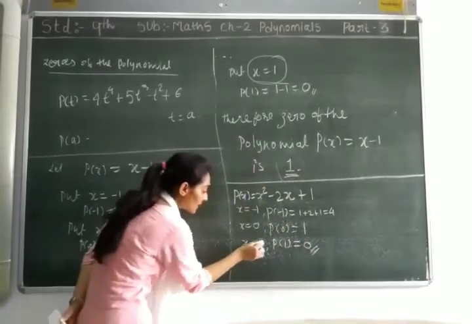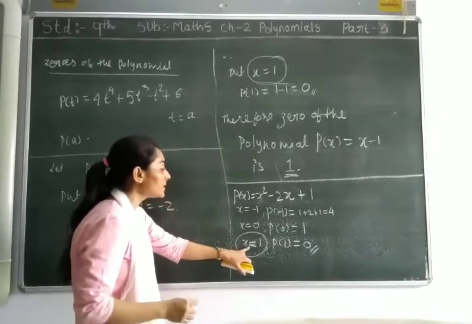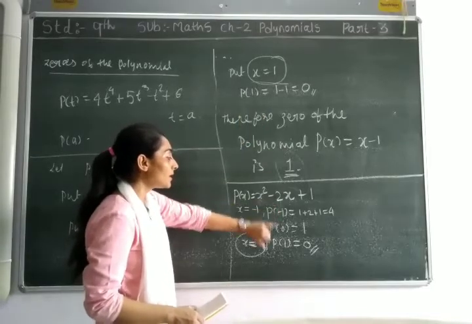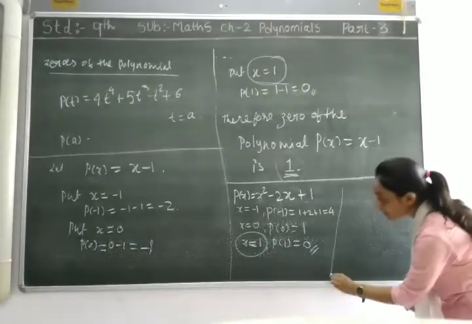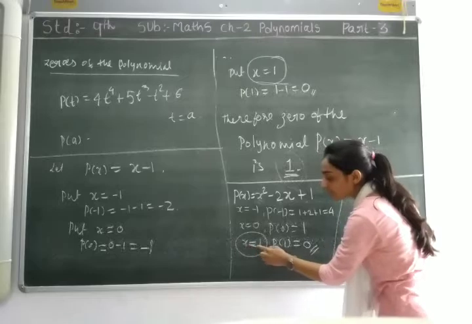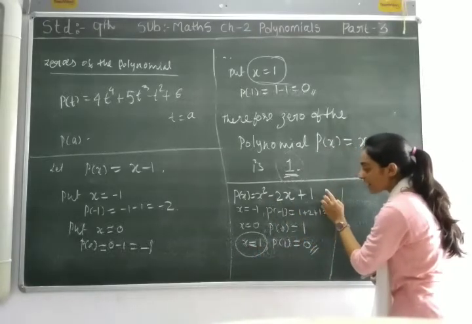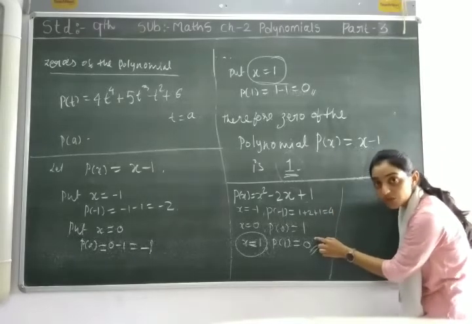That means x equals to 1 is the 0 of this polynomial. How did we get this? Because I took x equals to 1, replaced x with 1, and checked whether I am getting the resultant value 0 or not.